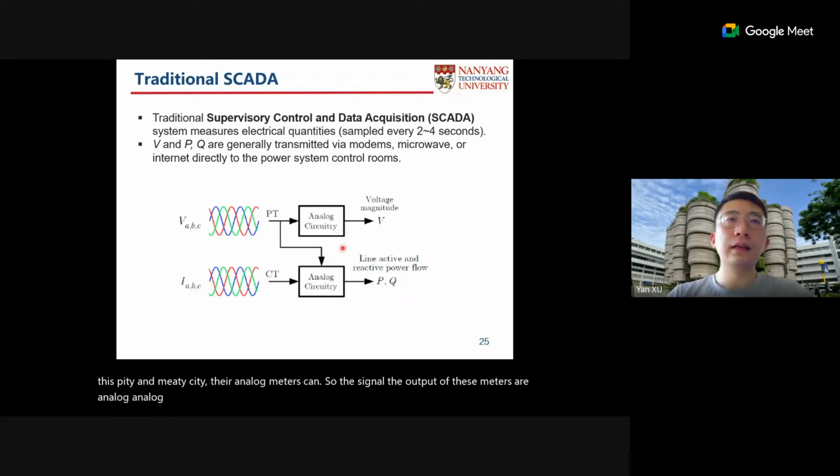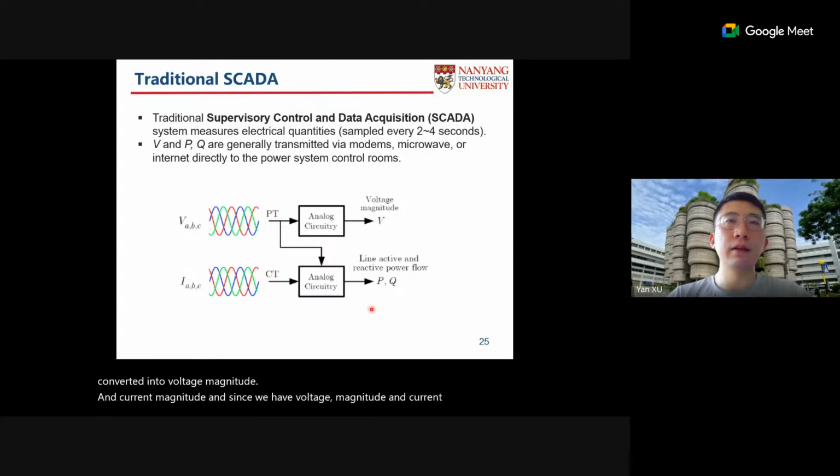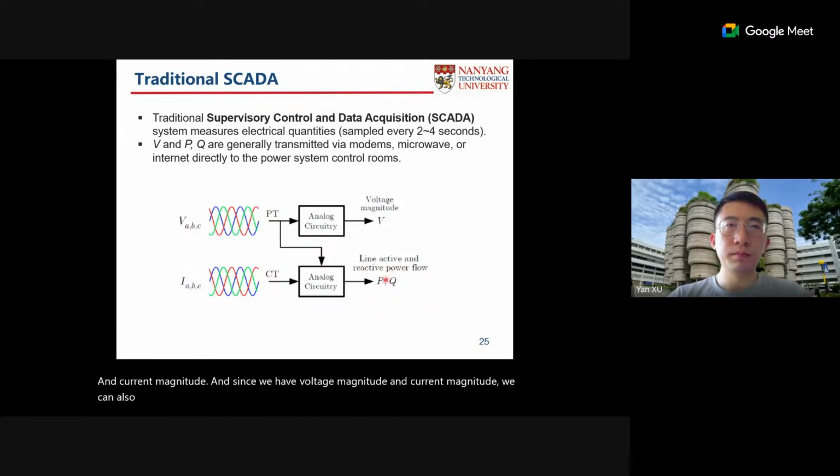And after the analog circuit, the signals are converted into voltage magnitude and current magnitude. And since we have voltage magnitude and current magnitude, we can also calculate the power, including real power and reactive power.